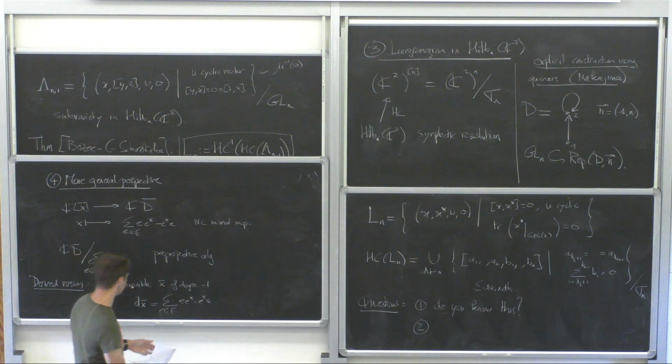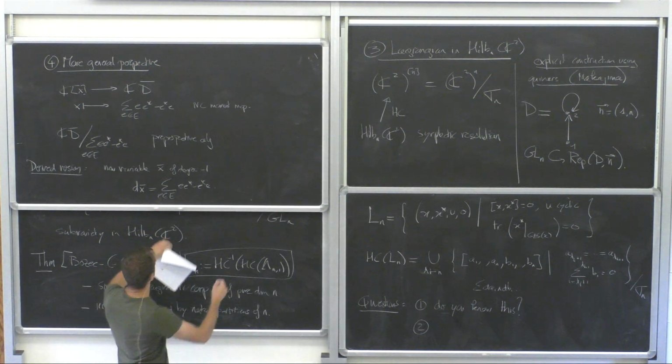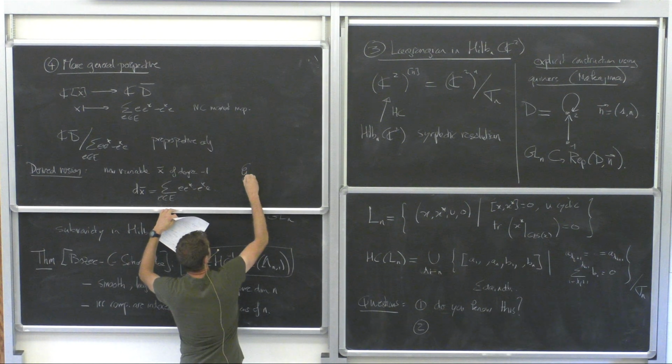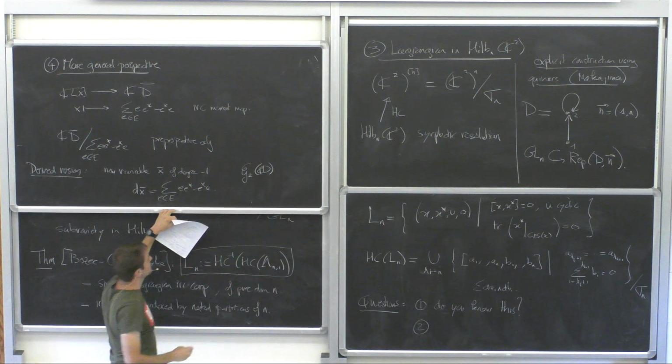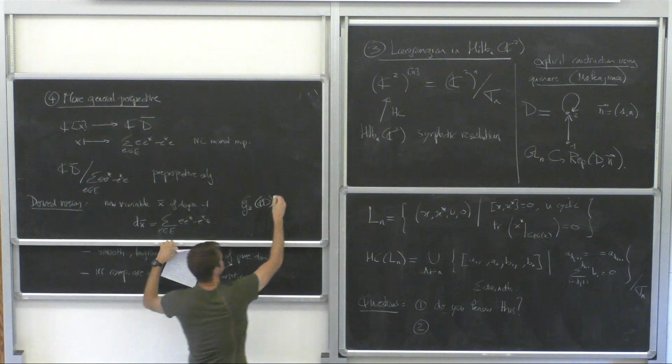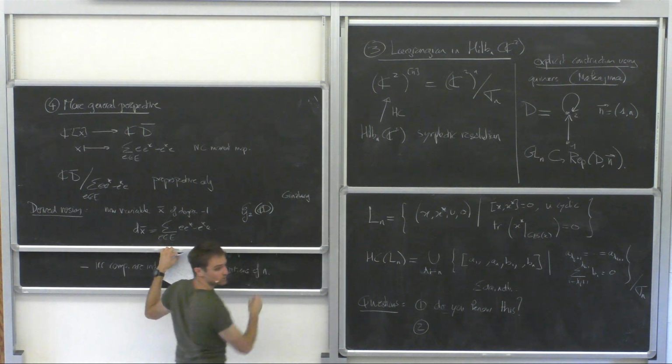Okay. So that's what people call the derived preprojective algebra of the path algebra. It was first introduced by Ginzburg, so this is called the Ginzburg algebra.